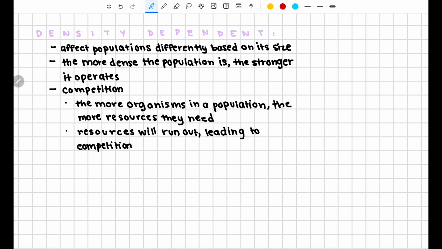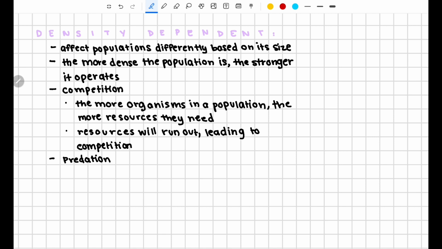This will lead to competition for resources like food, water, space, and sunlight, and these are all necessary for the population or the individual's survival. Competition can occur between members of different species, which would lead to evolutionary change, or it can even happen in the same species. And that's where we start to see the population decreasing.